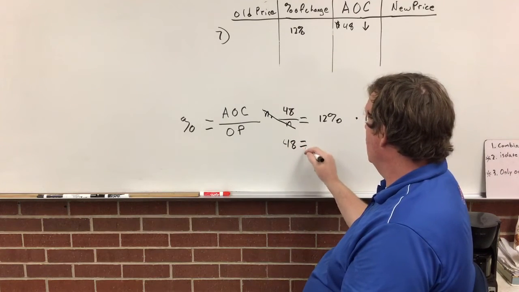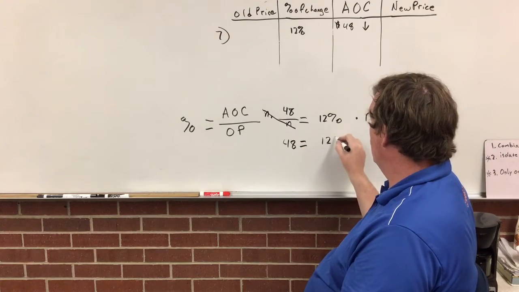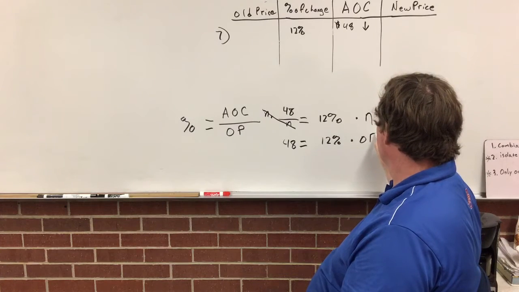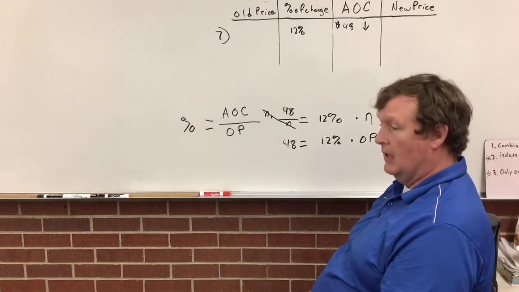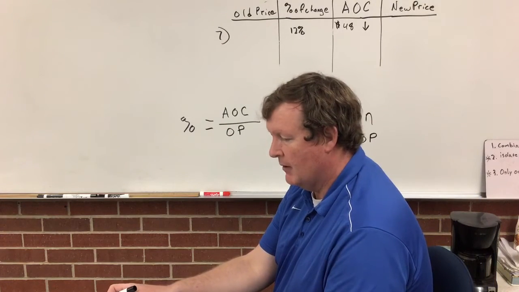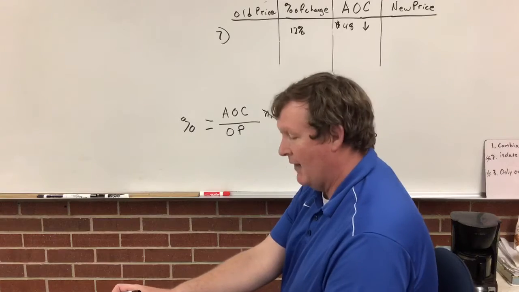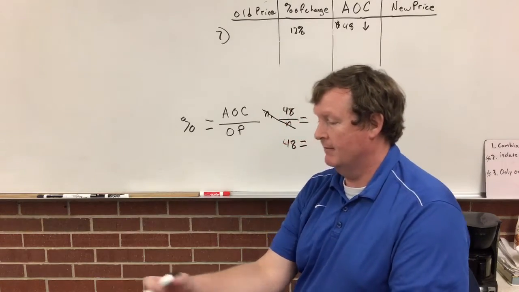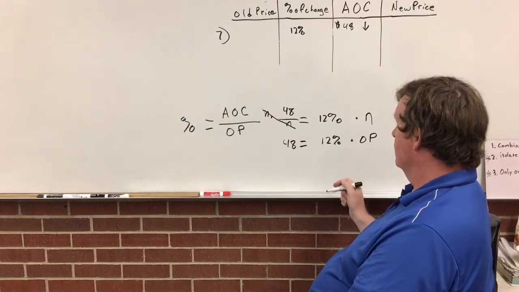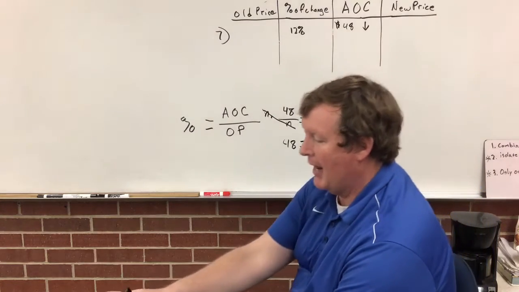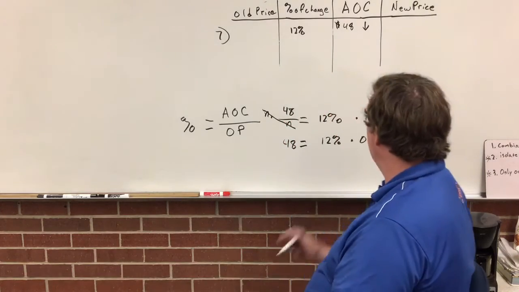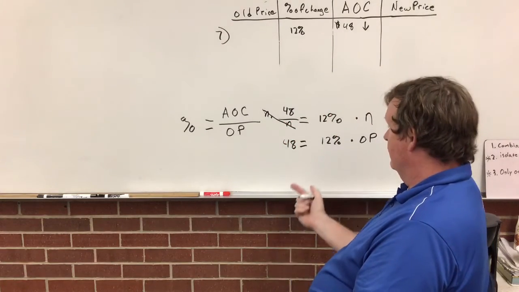And I have $48 equals 12% times the old price. That's the amount of change formula. The amount of change formula looks like this. That's all the way back on page 292. If you look at that formula on that page, that's what that is.